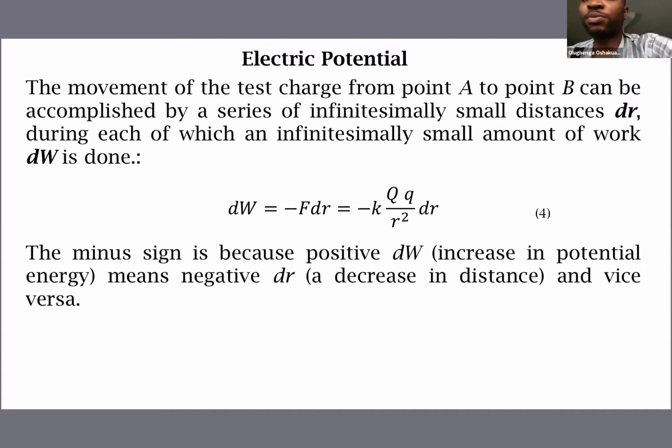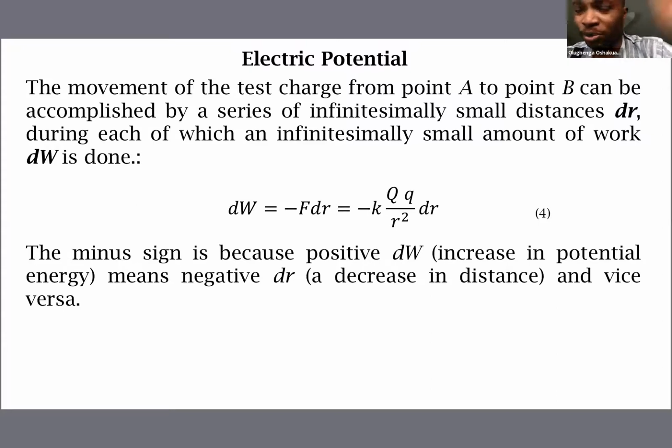Now we are trying to relate work done to electric potential. The movement of a test charge from a point A to point B can be accomplished by a series of small distances dr. These small distances dr, we can calculate in bits, just like we talked about with continuous charges on a line, in a volume, and on a surface.